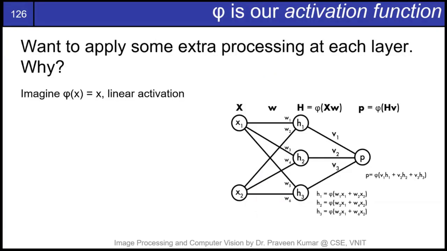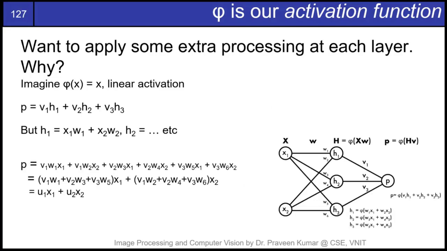The only thing is that the function phi that you apply should not be a simple linear function. It should be a non-linear function, which is also called an activation function in neural networks. Why is this so? Because if it is a simple linear function, this entire thing can just be written as a single matrix operation.